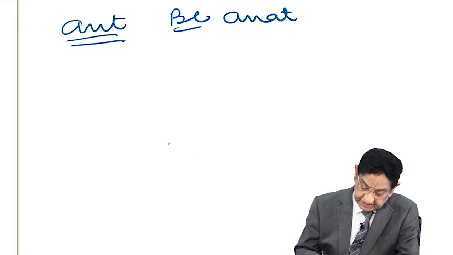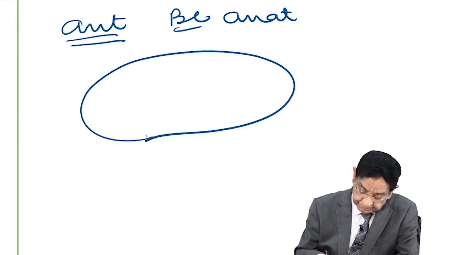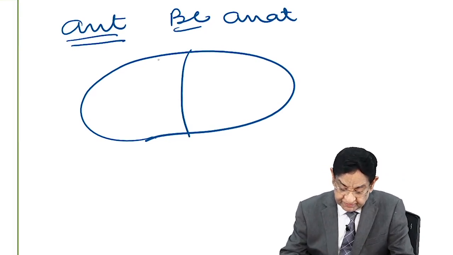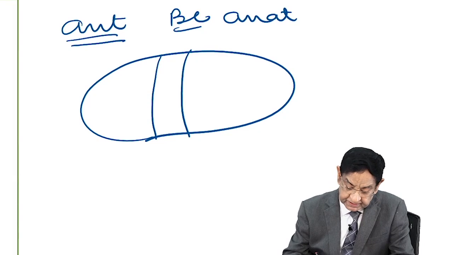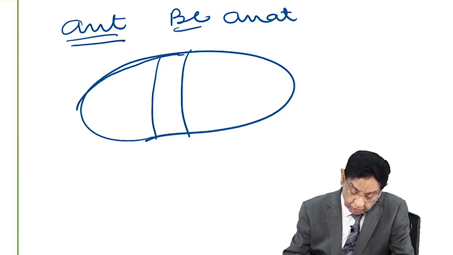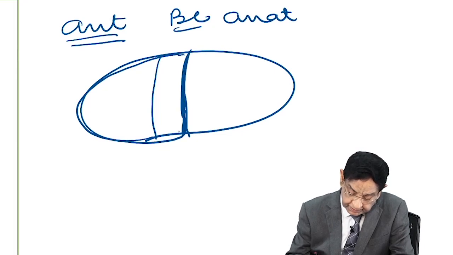Basic concept. Here is the brain. This is the central sulcus. The part which lies in front is the frontal lobe. This is the lateral sulcus.